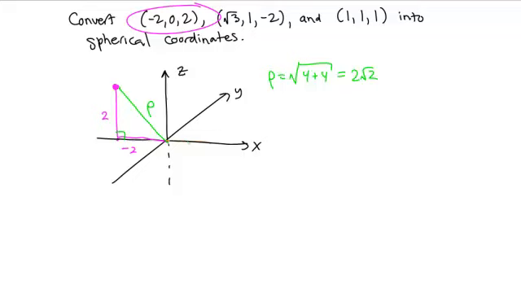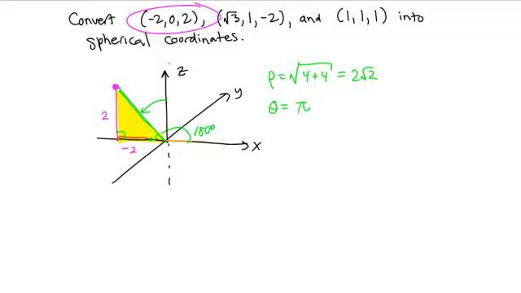The next thing we need to do is to take this triangle, the triangle that sticks out of the xy plane, and measure the angle it makes with the positive x-axis. Since it's pointing on the negative x side, that angle is clearly 180 degrees. So that's the angle theta, the longitude, which we always write in radians as pi. Finally, we have to measure the angle between this hypotenuse and the positive z-axis.